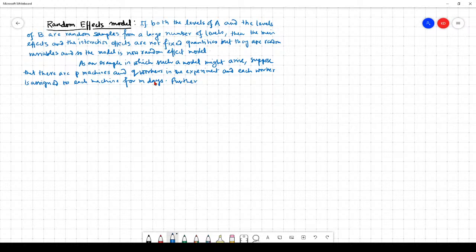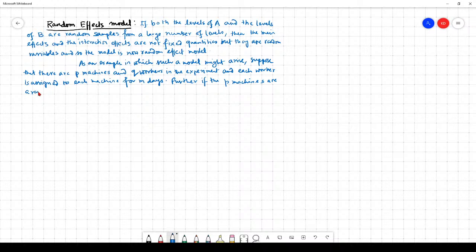Further, up to that, if you consider all P machines and Q workers, then it is a fixed effect model. But further, if the P machines are a random sample, that means there are more than P machines but you select only P machines, so in that case the P machines are random.